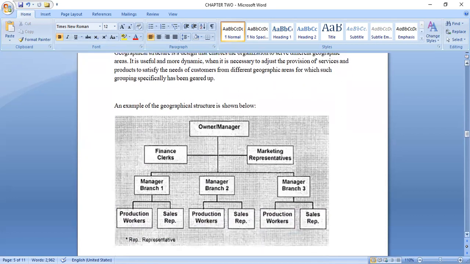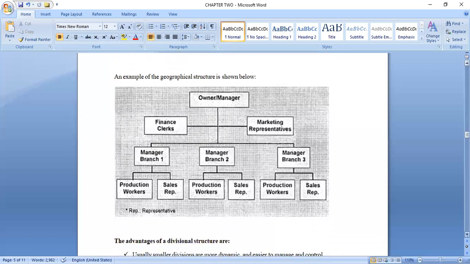And of course, here we are looking at a product kind of business where we're seeing production workers, but it could also be a service organization, a service company like a bank where they offer financial services, right? So that is how a geographical organizational structure looks.